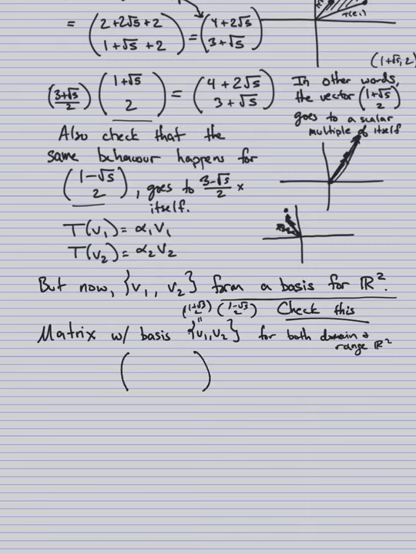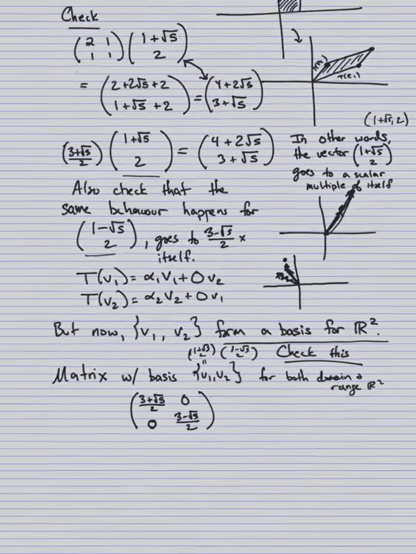Right? You take the first one, it goes to a multiple of itself, and nothing in the second coordinate. So this is secretly plus 0 v2, and this is 0 v1. Similarly, this is 0, 3 minus square root of 5 over 2.